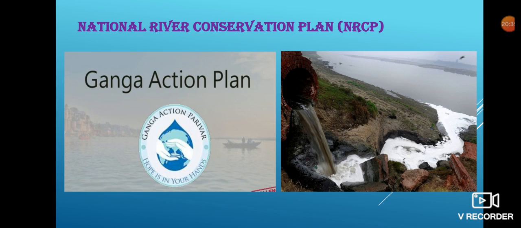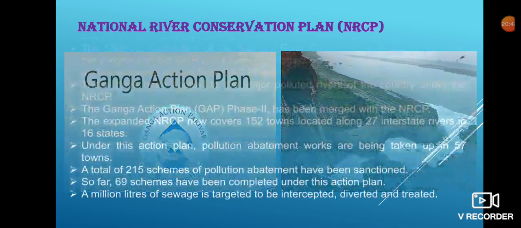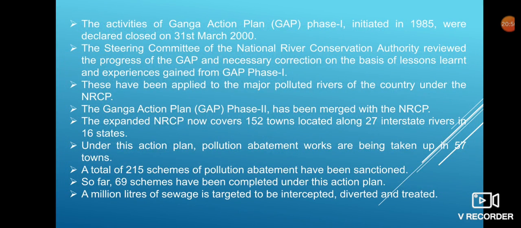So what are the various features of this Ganga Action Plan or NRCP, the National River Conservation Plan? The activities of the Ganga Action Plan, Phase 1, initiated in 1985, were declared closed on 31st March 2000.